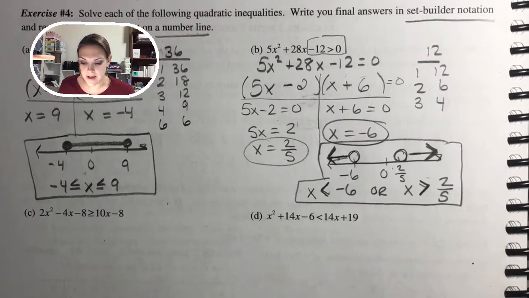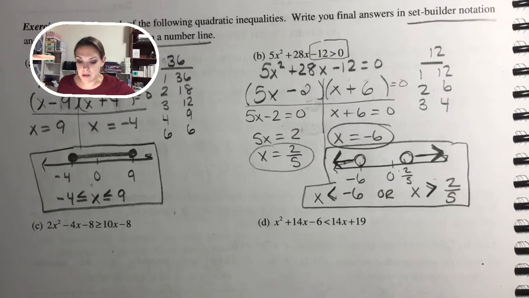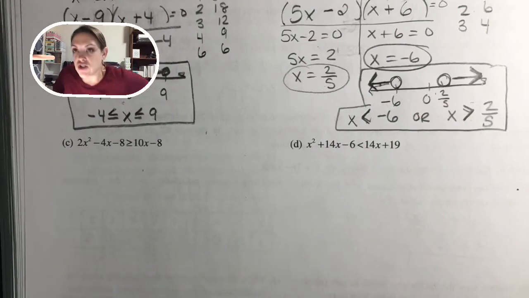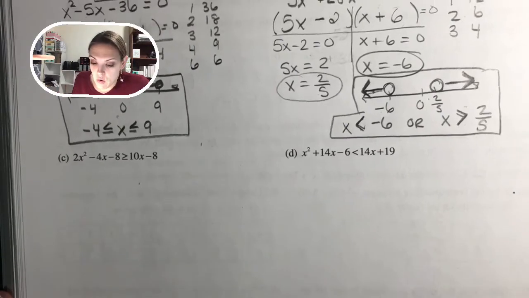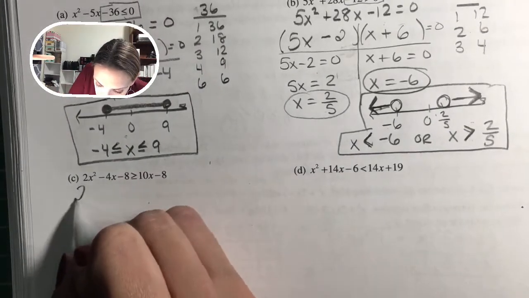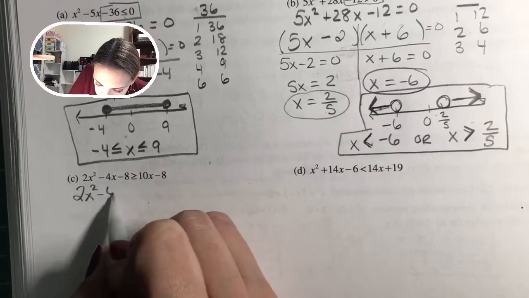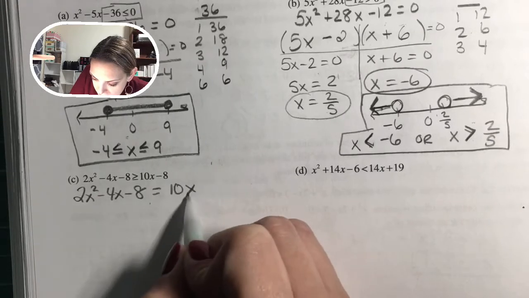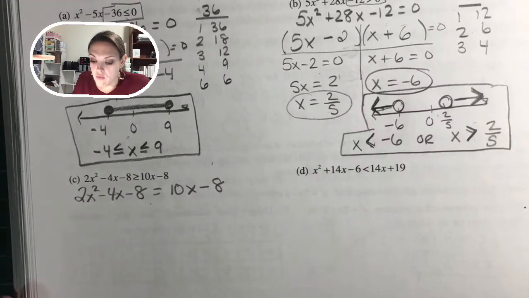That's silly, okay? So notice for the next 2 problems, we have stuff on both sides. Just as before, we need to get everything over and equal to 0. So step number 1 is we're going to change it to an equal sign. And then get everything over equal to 0.